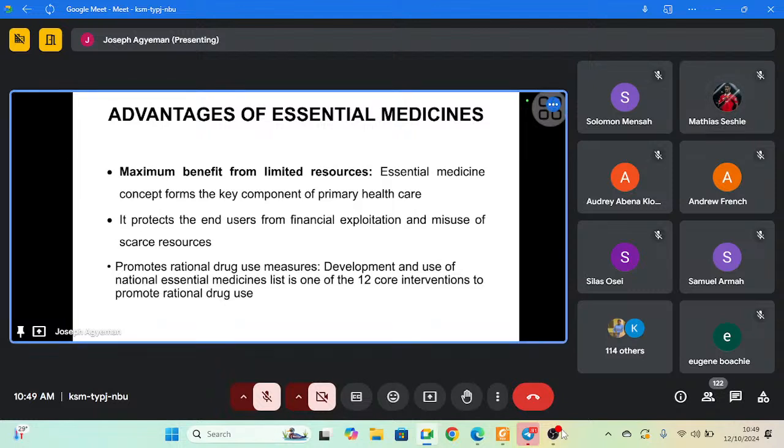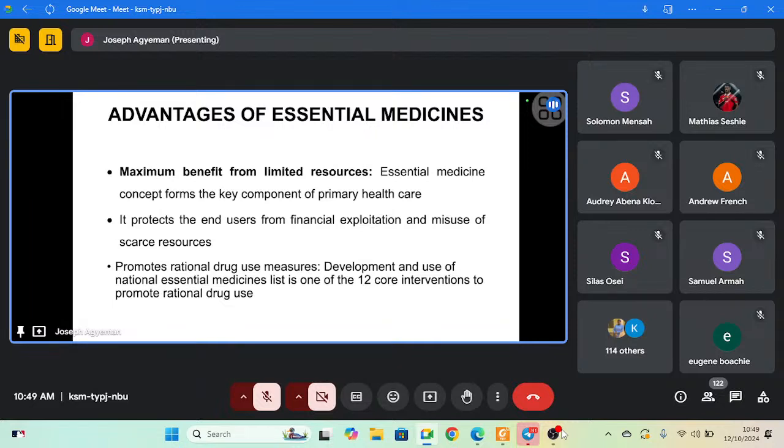So quickly, this essential medicines list that we've been talking about, as part of the strategies to curb irrational drug use, what are the advantages and the disadvantages? So the first advantage is attaining maximum benefit from limited resources. Obviously, in Ghana we don't have a lot of cash. Limited resources when it comes to what?